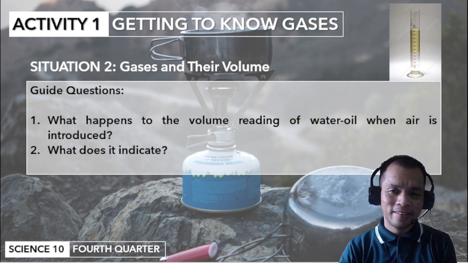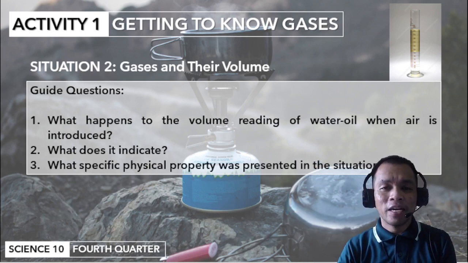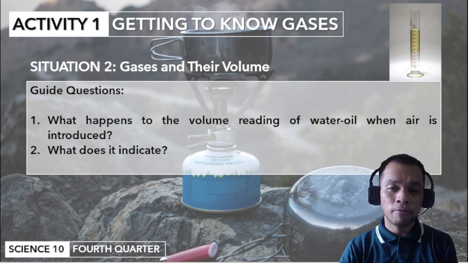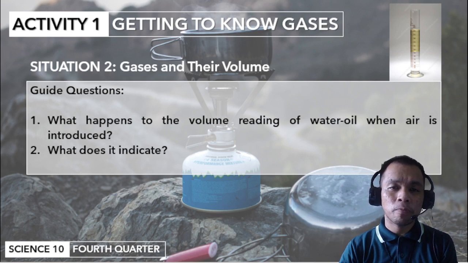What does it mean? It means that gas has volume. Gas has volume because when gas was introduced to the mixture of water and oil, the volume increased. So in other words, gas also possesses volume aside from mass.